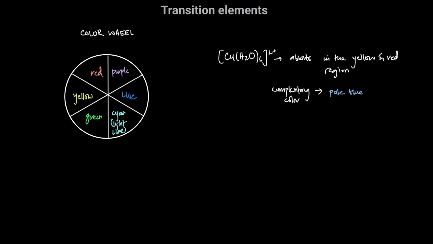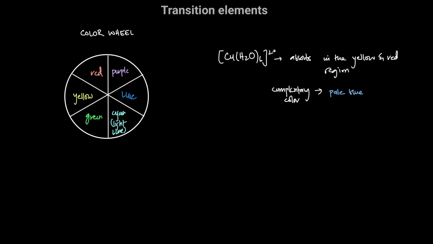So if we are given an absorption spectrum, if we are told which colors or frequencies of visible light are being absorbed, we can determine the complementary color. It will be directly opposite the frequencies that are being absorbed in this color wheel.